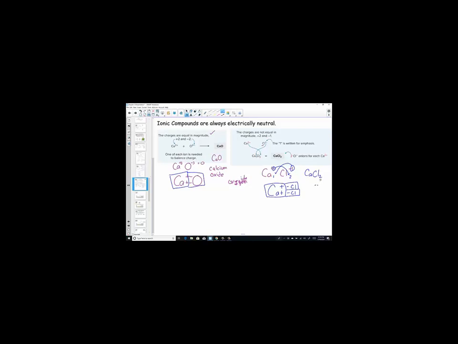So this little subscript is what we use to tell you how many ions were needed to create a balanced compound. We would name this by saying the first name, just as it sounds off the periodic table, calcium, and then we end it with chloride. Notice the IDE ending, calcium chloride, chemical formula, CaCl2.